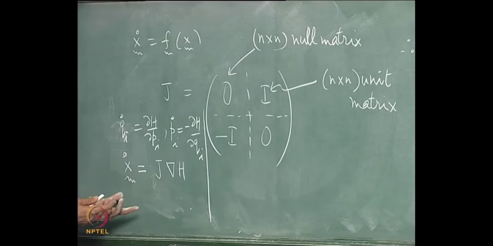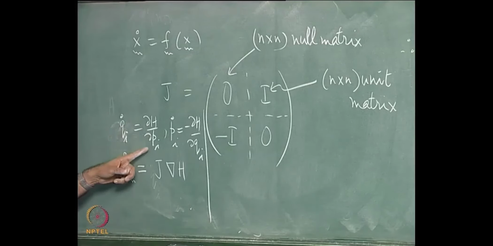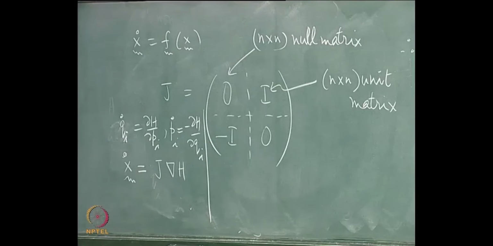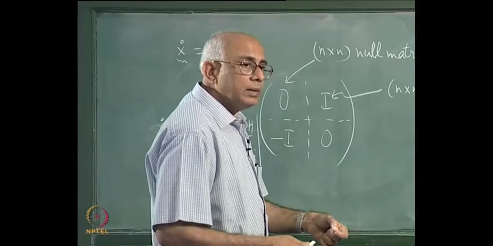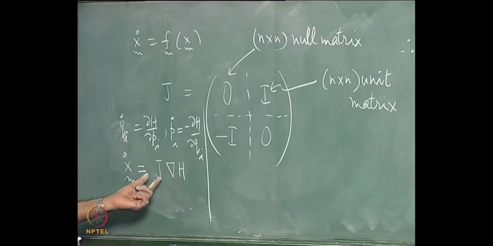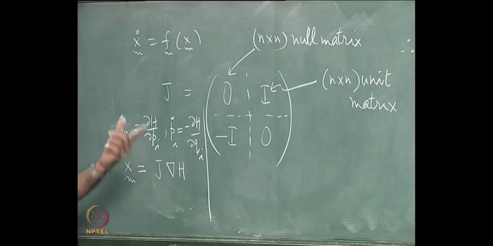This twists in such a fashion that the rate of change of the q's depends on the derivative with respect to the p's, and vice versa, with a minus sign, and that is the reason for this minus sign here. So if I wrote this x as a 2n dimensional column vector, q1 up to pn, and similarly for the gradient of H, and then multiplied it by J, you would end up with just this.